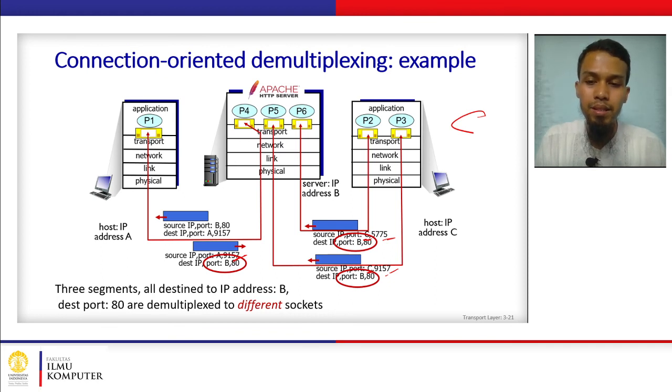This one has IP address A and this one has IP address C. So the communication with the P1 has to be handled by a different socket at the server side. This is the main difference between the connection-oriented, or TCP, socket and the UDP socket at demultiplexing.